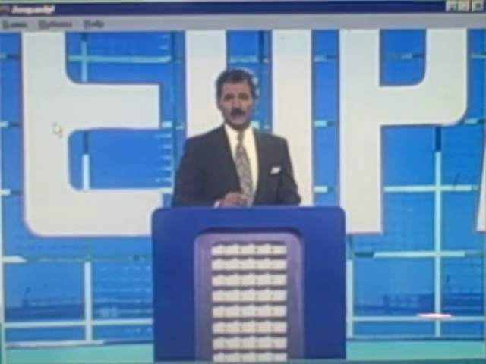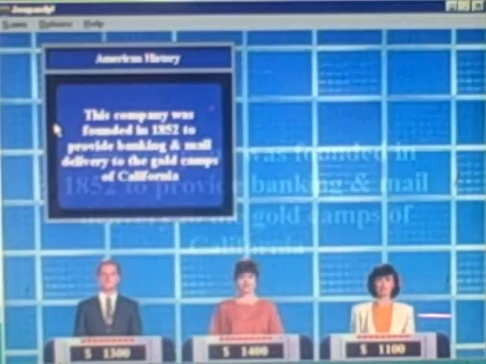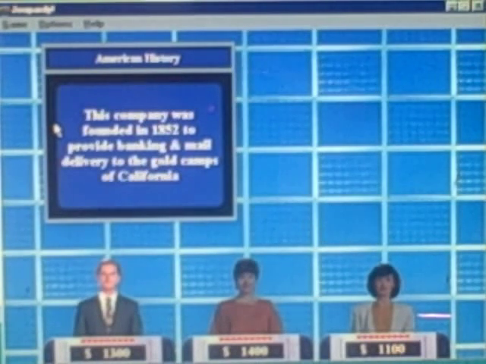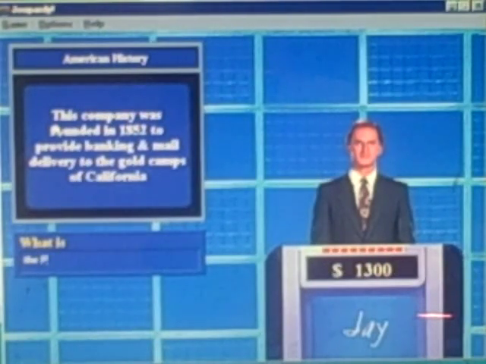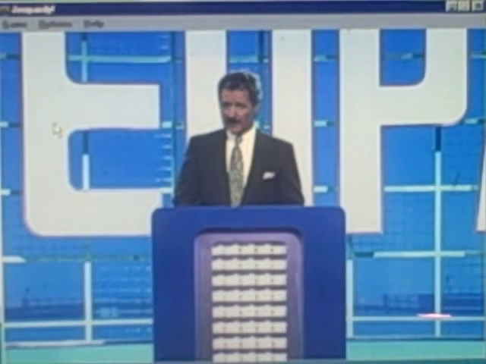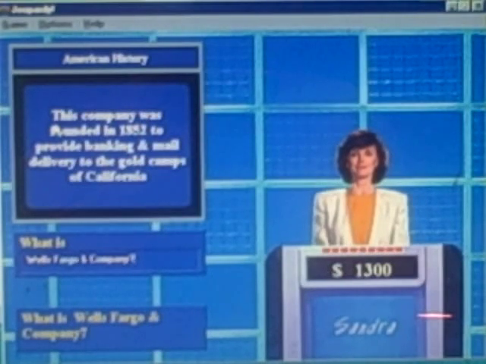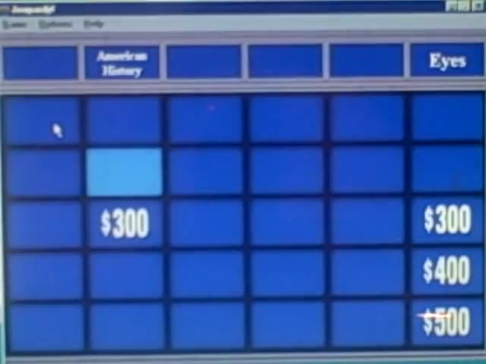The answer there is... This company was founded in 1852 to provide banking and mail delivery to the gold camps of California. Contestant number 1. What was the Pony Express? Sorry. No. That's incorrect. Contestant number 3. Oh, Wells Fargo and Company. Yes, that's correct. Contestant number 3.